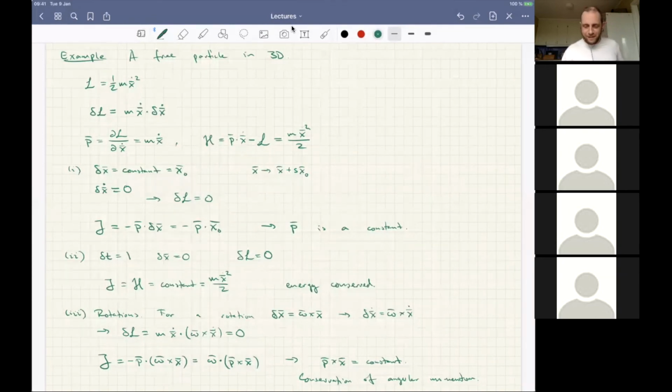Yeah, I'm on the last line where we rewrote the cross product. I'm a bit confused there. No, it's just that the cross product is anti-symmetric in all the arguments. Well, this triple product is anti-symmetric in all of the arguments. So all I did was change the position of p and omega, and I got the minus sign. Okay.